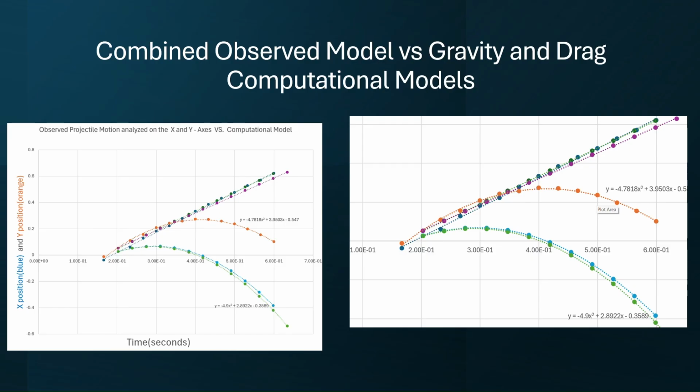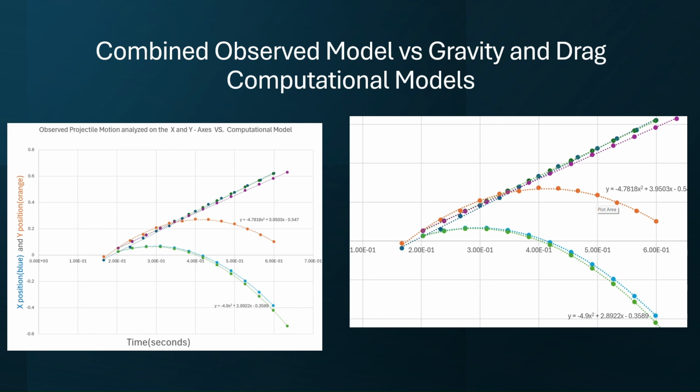Now here we have our observed model versus the computational model. The orange line you see is the observed parabolic motion for y, and we can see below it a light blue line and a dark green line. The light blue is the computational model of the y position for gravity, and the dark green is the computational model with gravity and drag.